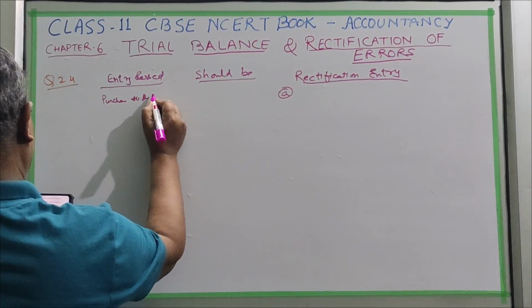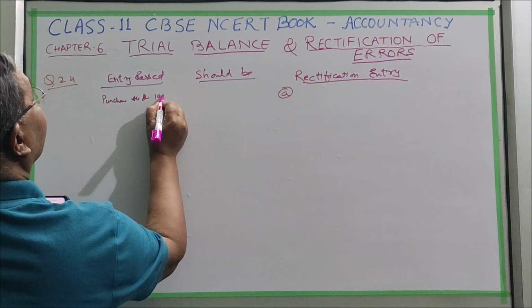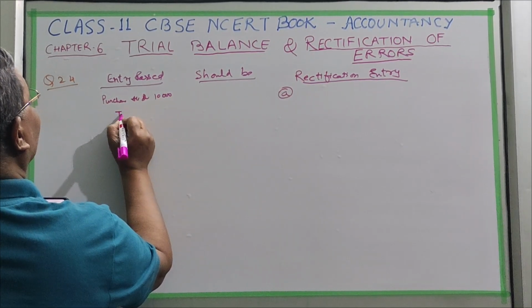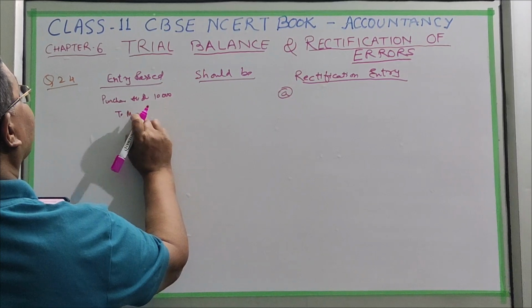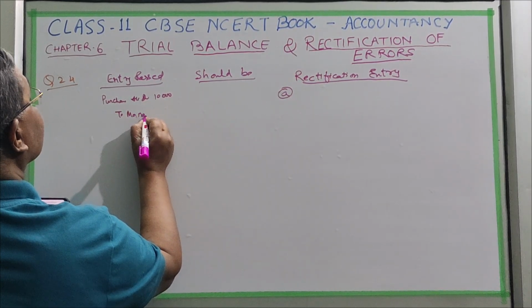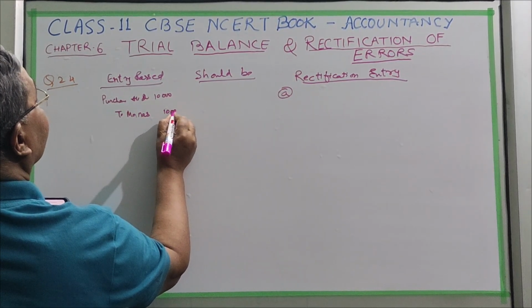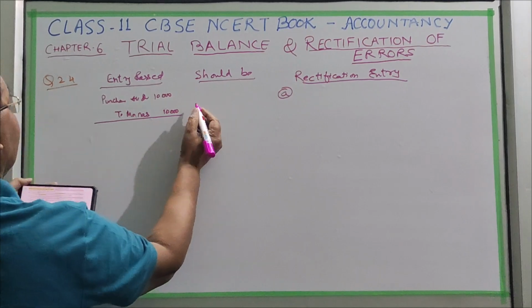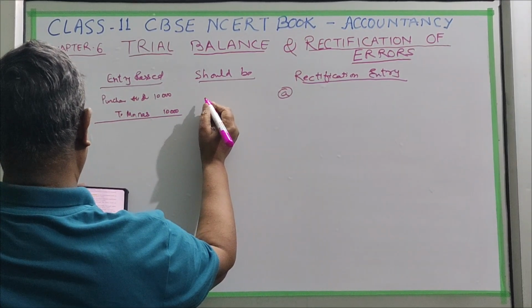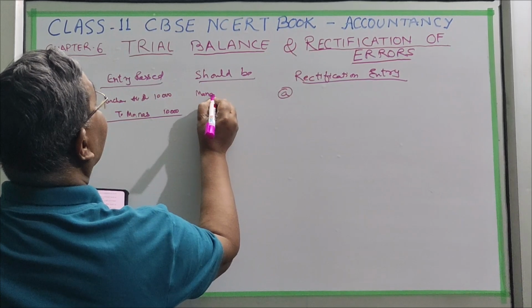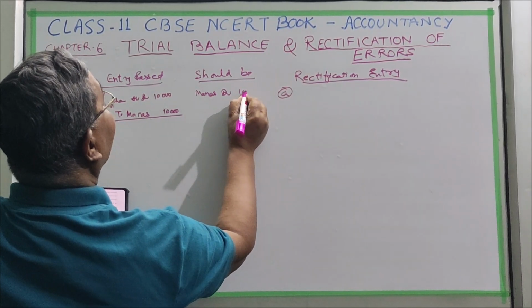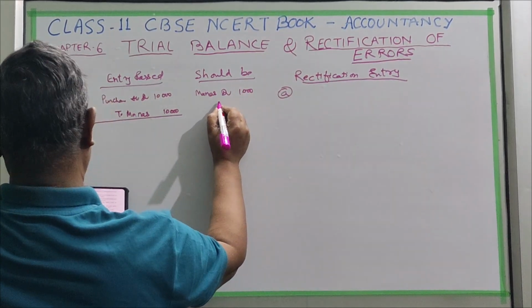Purchase account debit 10,000 will automatically post to minus 10,000. And what you have done, debited to minus debit, you have done minus debit 1,000.